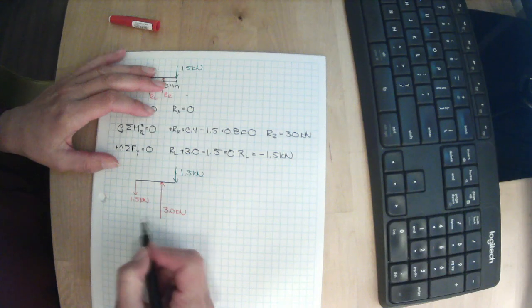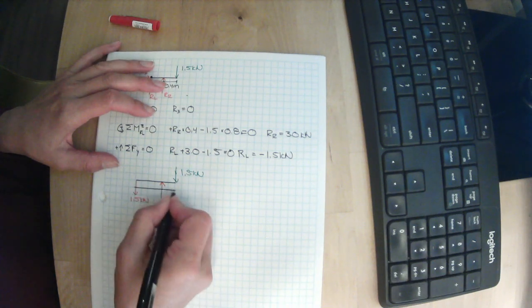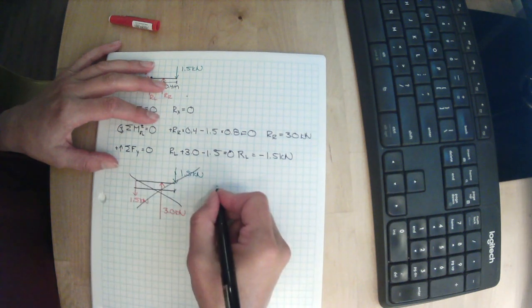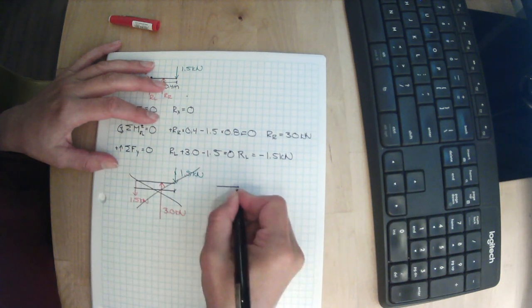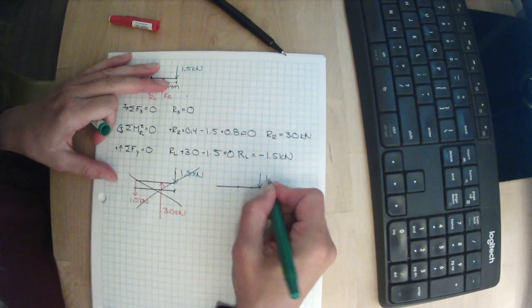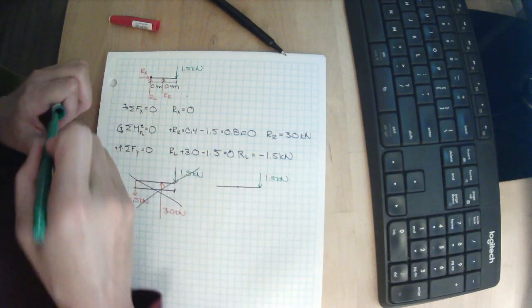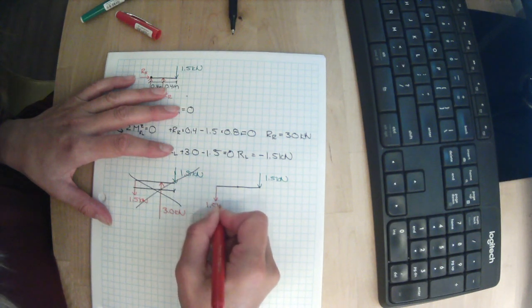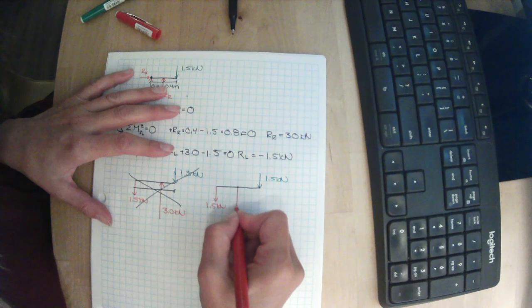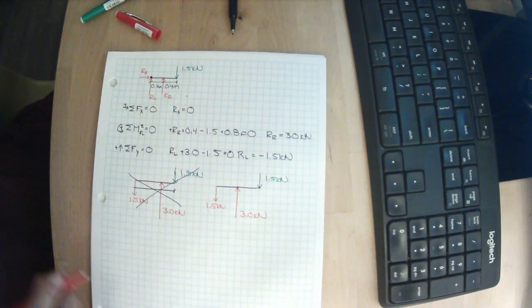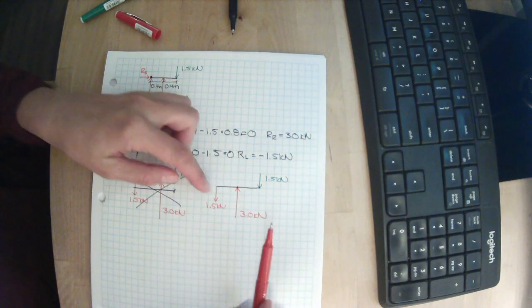The magnitude can indicate your scale. I'm just trying to show you. Oh, I didn't draw this. Let's just redraw this here. 1, 2, 3. 1, 2, 3. 1.5 kilonewtons, 1.5 kilonewtons, and 3.0 kilonewtons. So this actually makes sense.